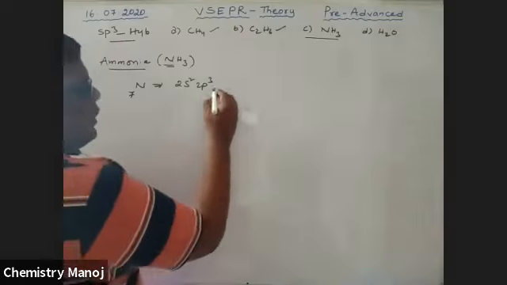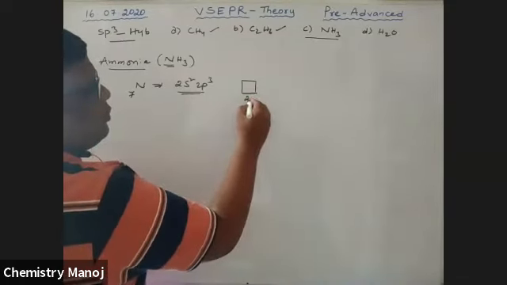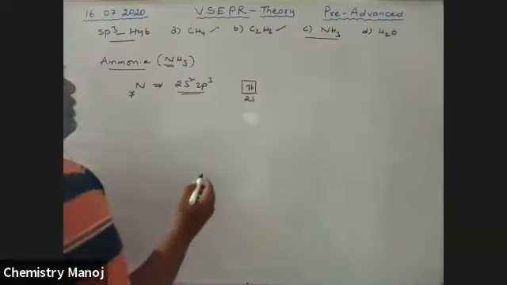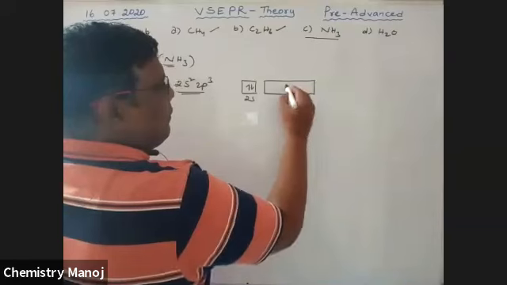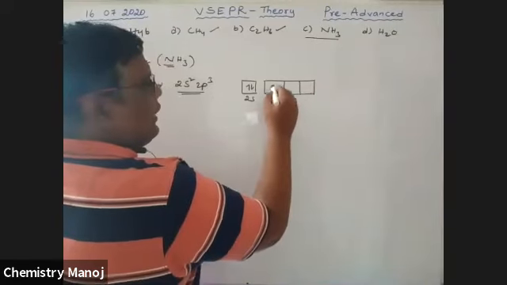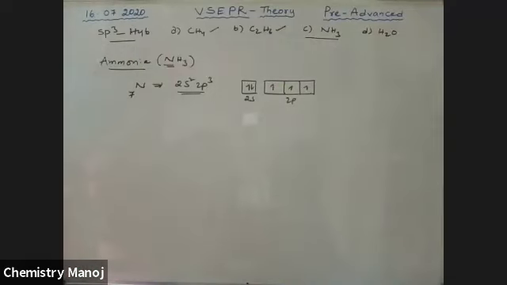I am writing the box method: the 2s orbital having 2 electrons, and the 2p orbitals having 3 unpaired electrons. This is the ground state electronic configuration of nitrogen.